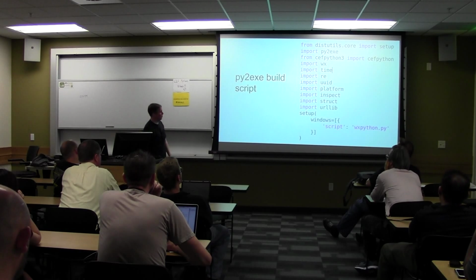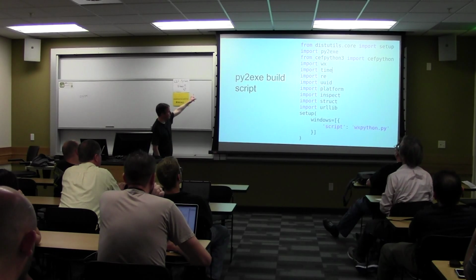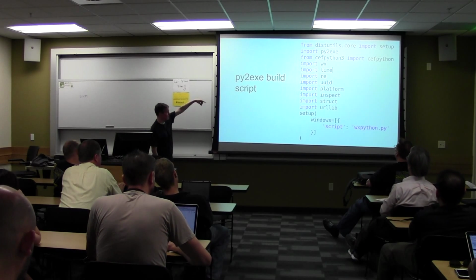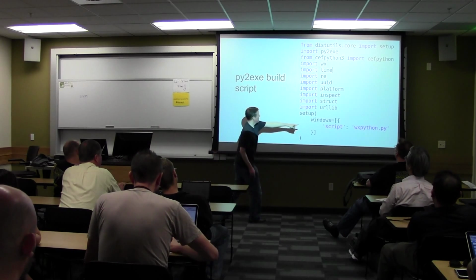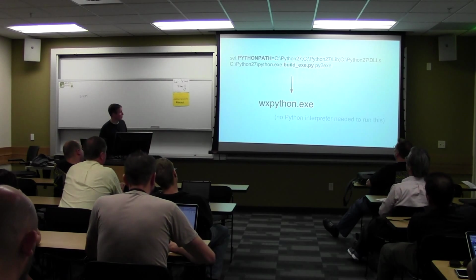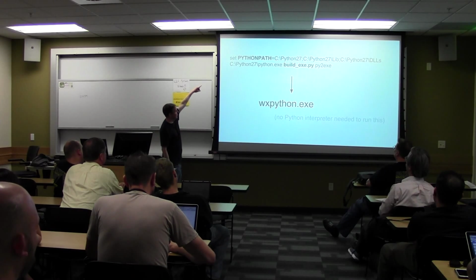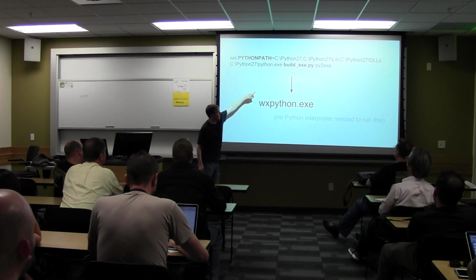So all you do to create an exe out of the wxpython.py that we saw earlier in Windows Explorer is create a distutils build script basically, and you give it the script right here, and then you run it. I usually create a batch file that sets the Python path and then just runs python.exe and then that build exe.